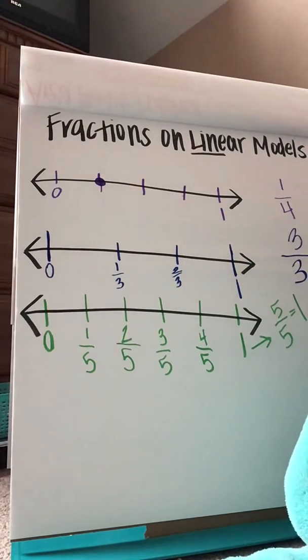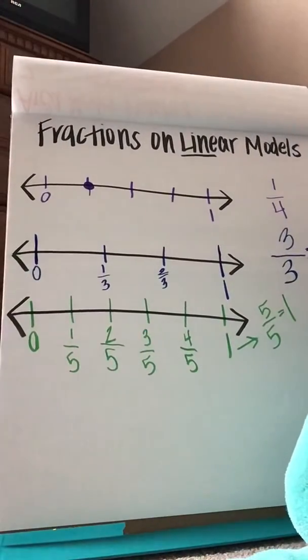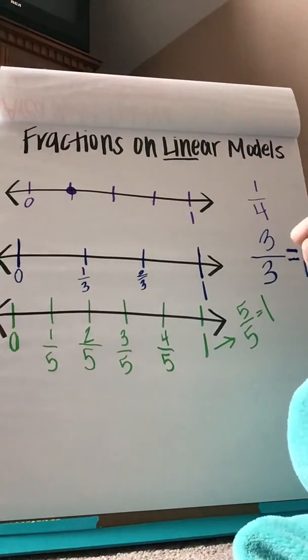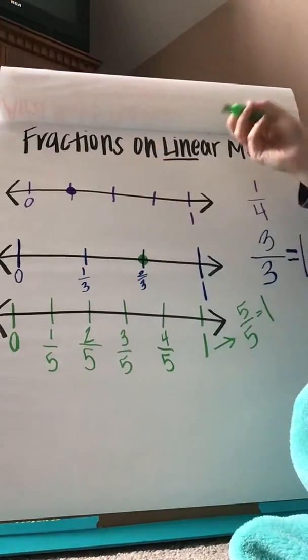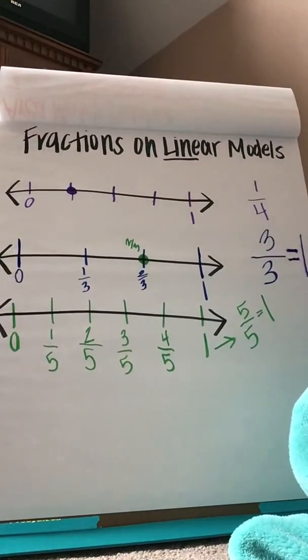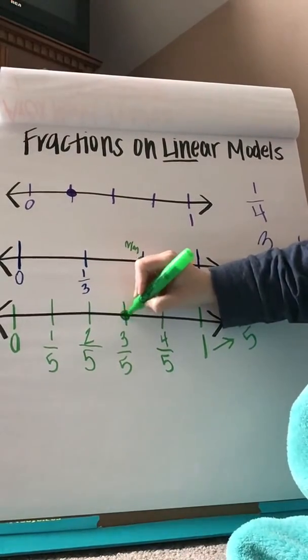Okay, so if I were to be asked to draw a point at 2/3, then I would come here and I would represent 2/3. Okay, if I were to be asked to represent 3/5, then I would put a point here.